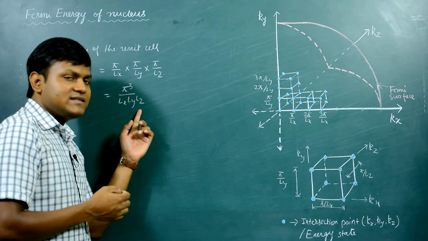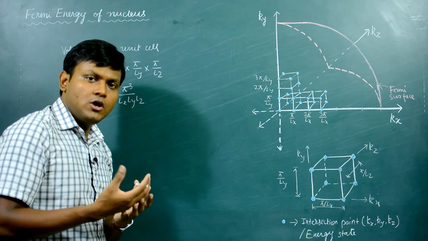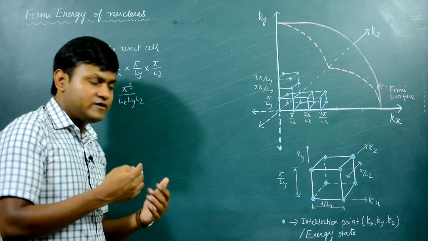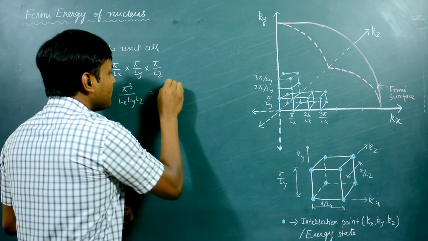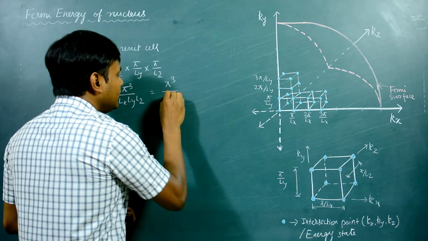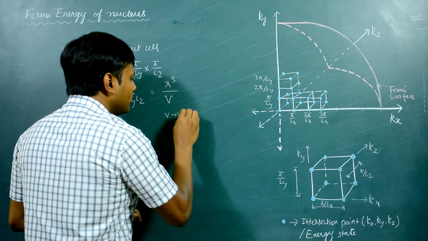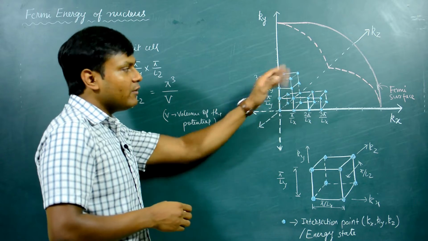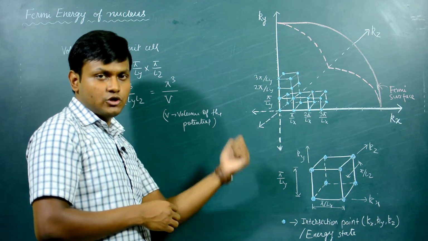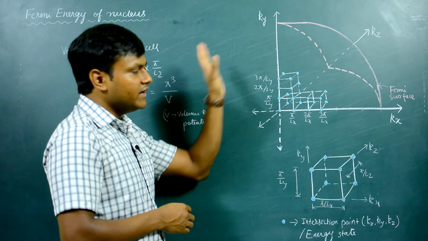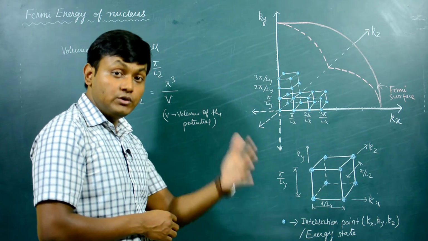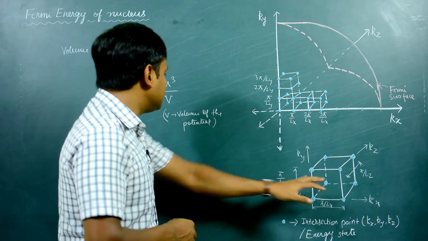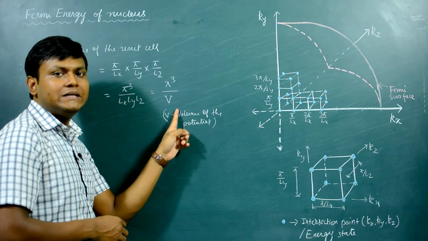So Lx Ly Lz basically represents the volume of the square well potential that I have defined. So then this becomes pi cube by V, where V is the volume of the potential. So if I represent kx, ky, kz in some kind of k space which looks like this, then you will end up getting a grid system consisting of a large number of unit cells, and the volume of each unit cell will be pi cube by capital V.